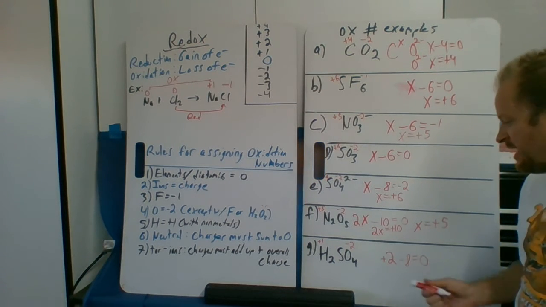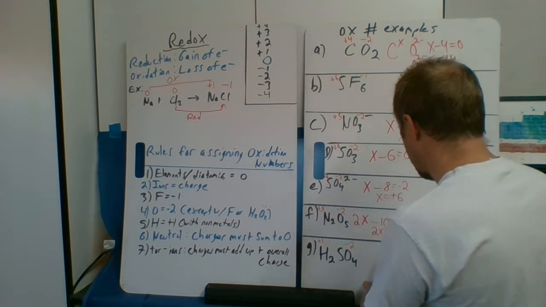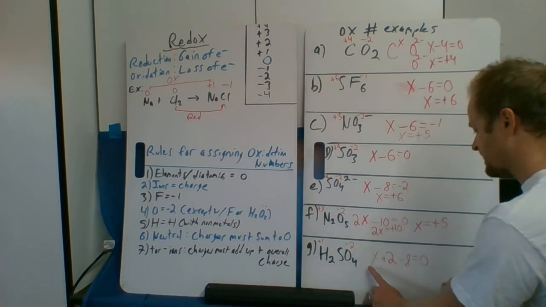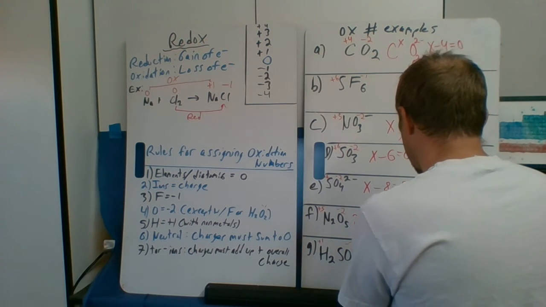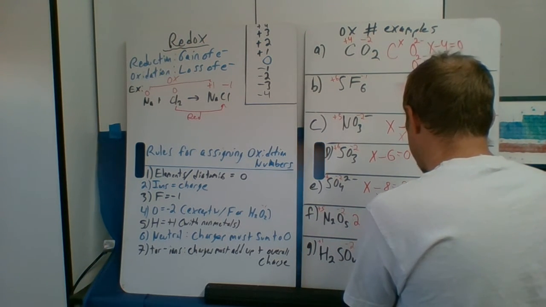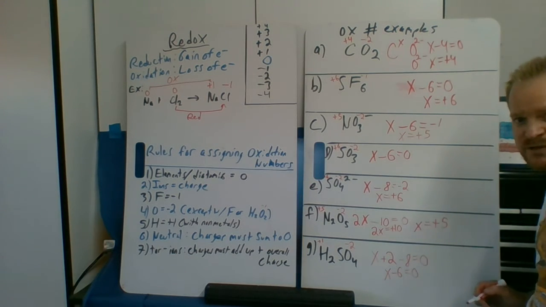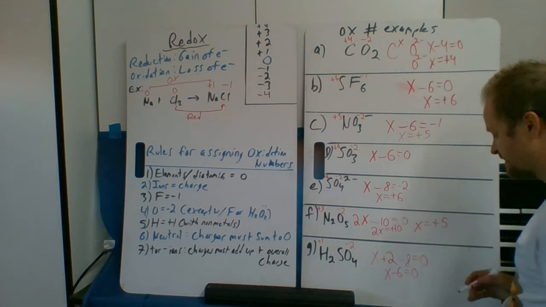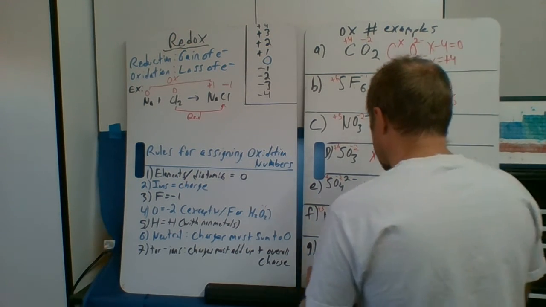And that just leaves us with this S. There's only one of them, so I'm going to make it X. So X plus 2 minus 8 equals 0. So that is X minus 6 equals 0, in which case X would be +6.